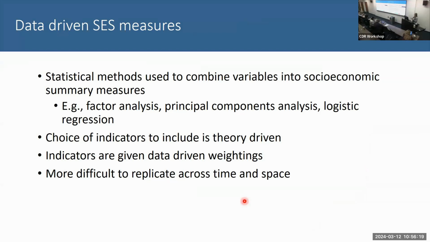And each indicator is given a data-driven weighting. So the importance of the indicator in the measure is determined by the data methods. And because of this, it's more difficult to replicate across time and space, because as data changes over time, the weightings would change over time.